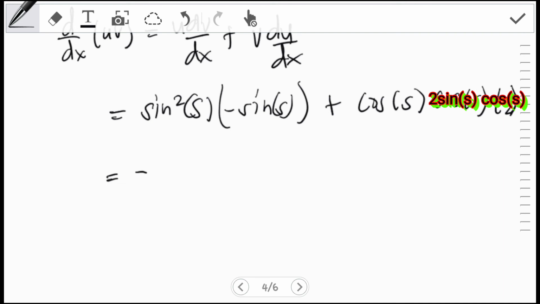So this is a negative sine cubed s plus cosine squared s, okay, times 2.